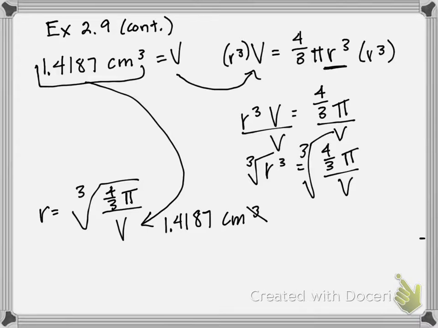If I plug in that number and take 4 over 3 pi divided by that number and then take the cubed root, you should get that r is equal to 0.697 centimeters. So the radius of this aluminum sphere is 0.697 centimeters, and that is your final answer.